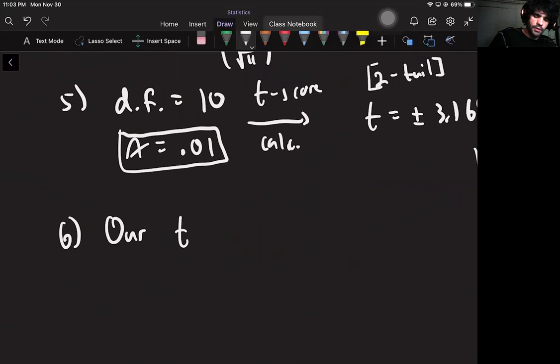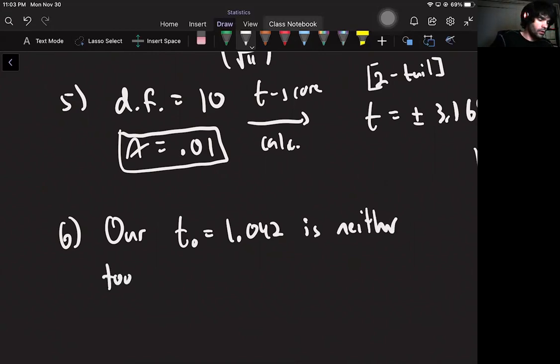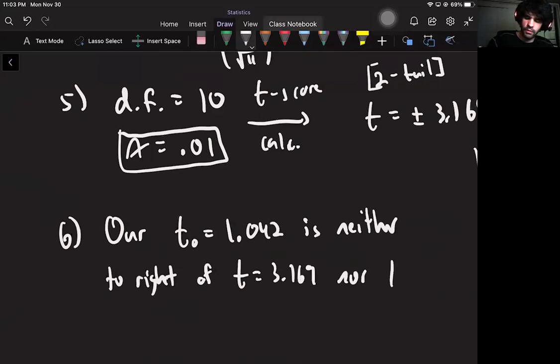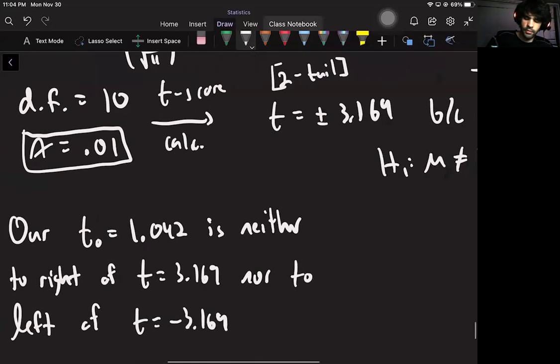So our T0 is neither, let me be more specific, it's neither to the right of 3.169, nor to the left of the negative version, our threshold.